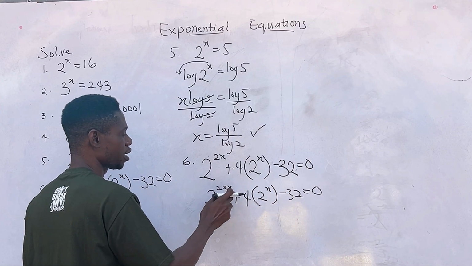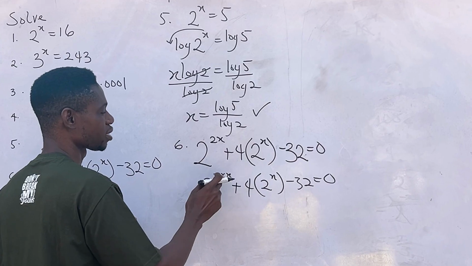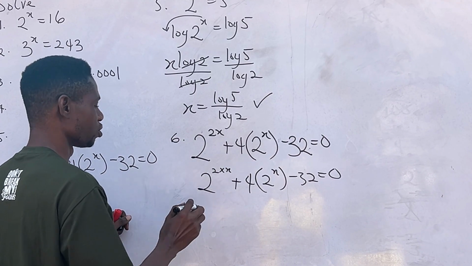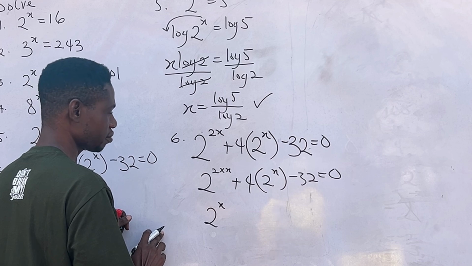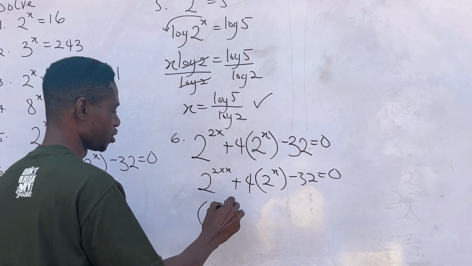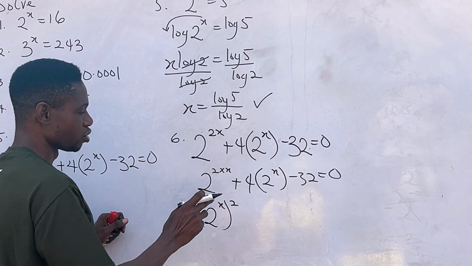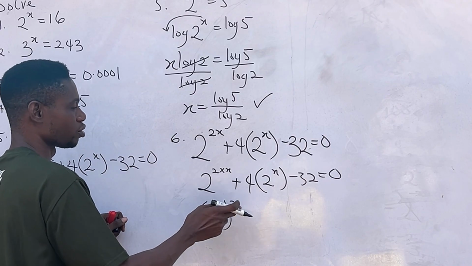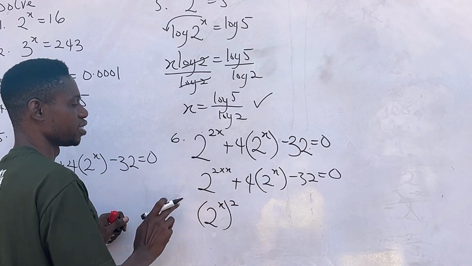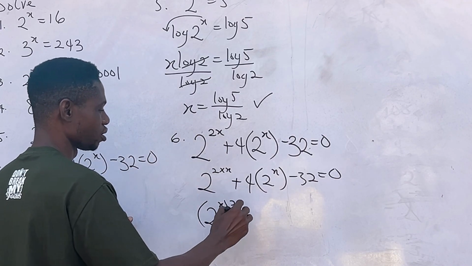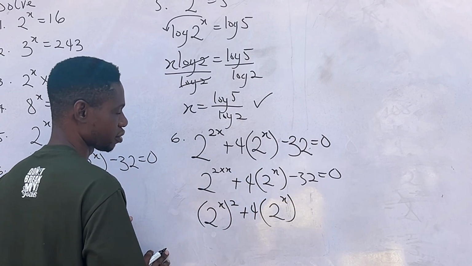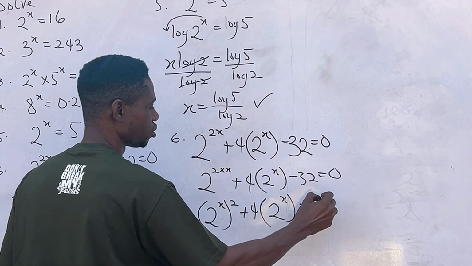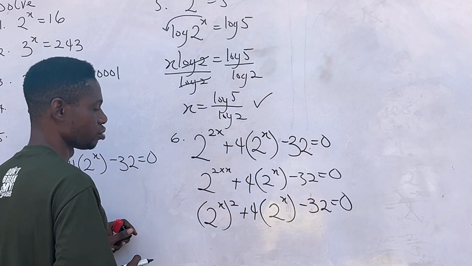Now 2 times x is also the same thing as x times 2. So we can say this is 2 raised to the power x, multiplied by 2, plus 4 into 2 raised to the power x minus 32 equal to 0.